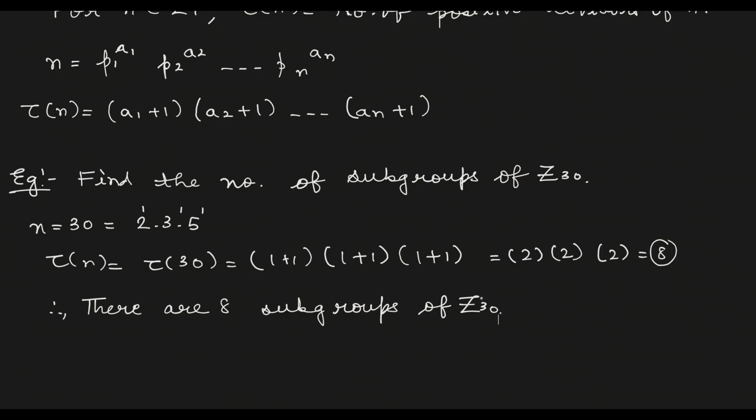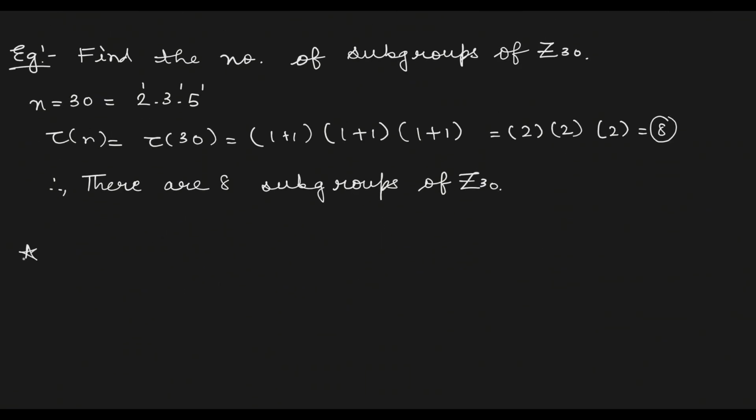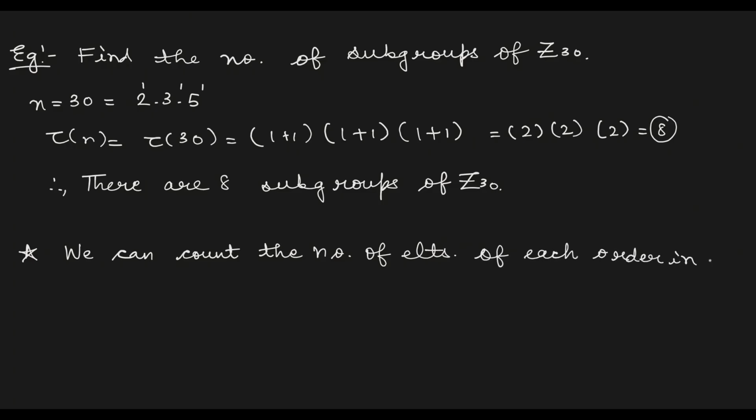Next, we can count the number of elements of each order in a finite cyclic group.